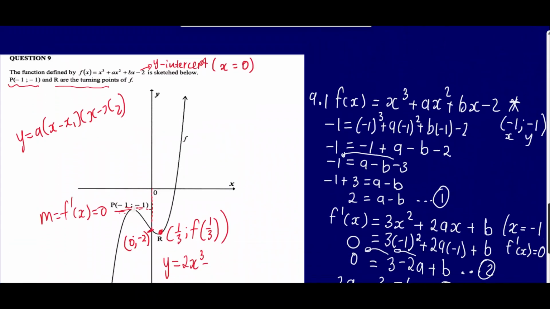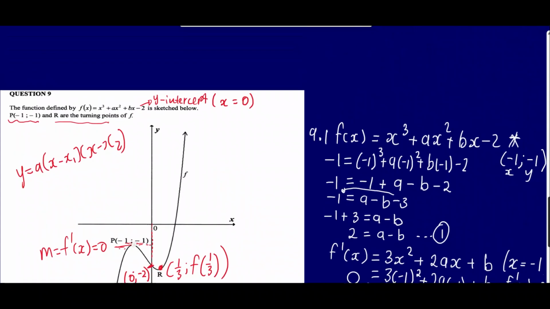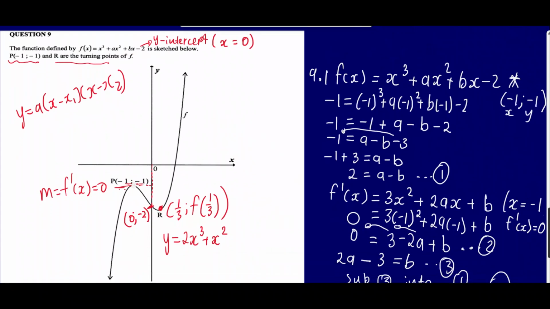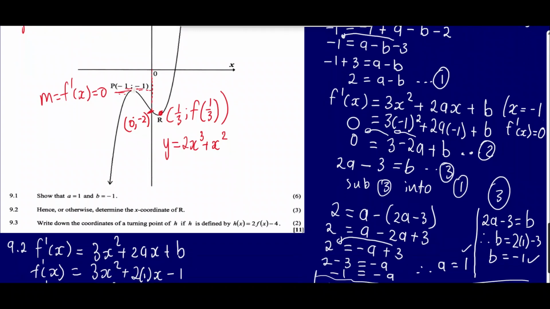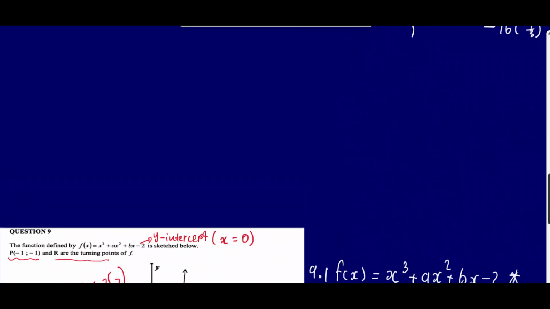It's going to be 2x cubed, minus, what is the a value? The a value is +1. So this one is going to be plus x squared. And then the b value, we know the b value there, it's going to be -1. So this is going to be -1x, which is going to be -x.